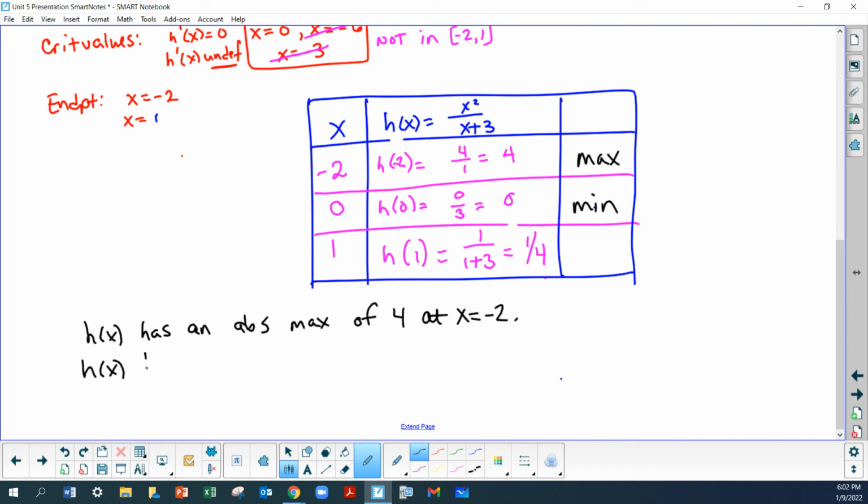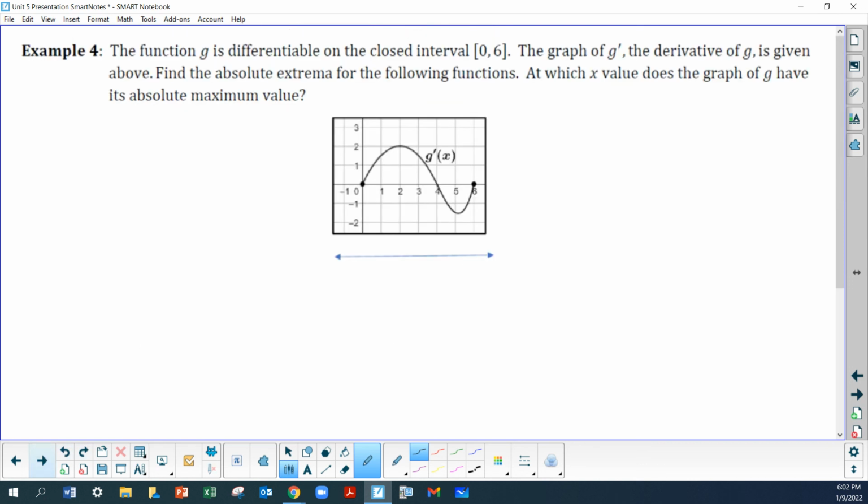H of x has an absolute min of, nope, it was 0. Of 0 at x equals 0. That's it. All right, I'm going to continue with example 4 on a next video.